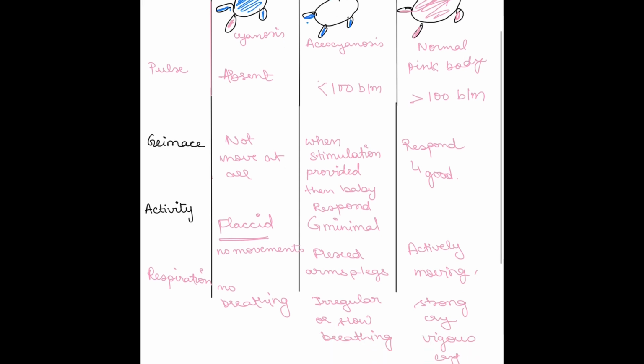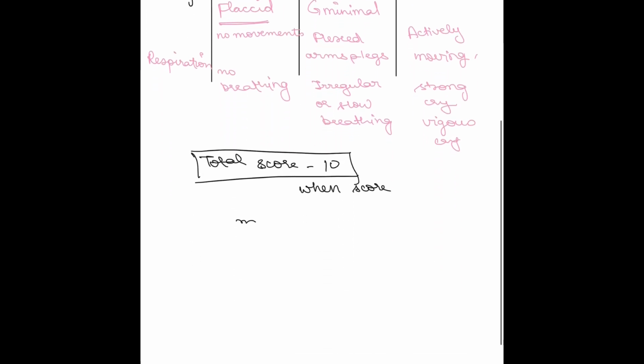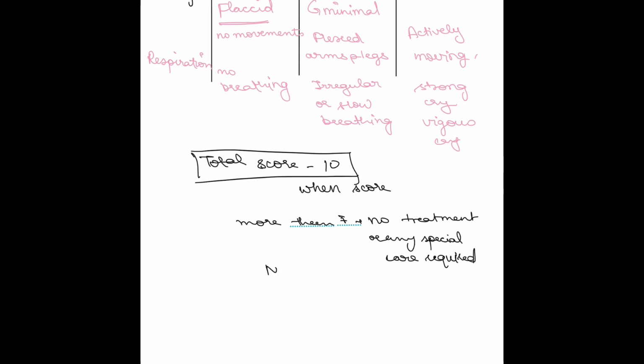Okay, the total score is 10. When the score is more than 7, no treatment or special care is required. A score of 4 to 7 is moderate, and supervision is required.